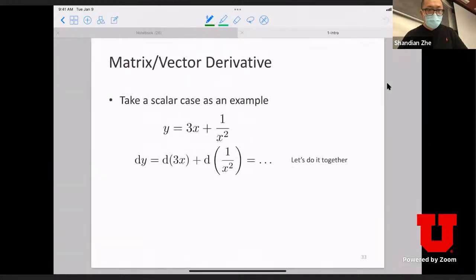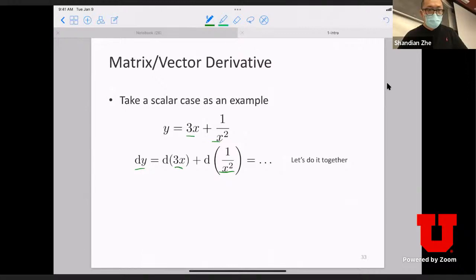So let us use a scalar case as an example, because everyone is familiar with that. You will see that the derivation procedure for matrices follows the same way. Here we just give a quick review. If you want to calculate the derivative dy, according to the rule that the derivative of a sum of two terms is the sum of the derivatives of each term, we get dy equals d(3x) plus d(1/x^2).